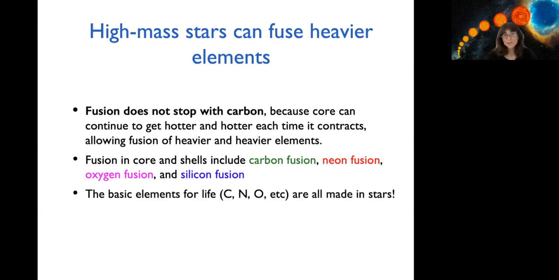One thing to get out of this is that the basic elements for life, which are carbon, nitrogen, oxygen, hydrogen, all of the, not hydrogen, but the heavier ones, carbon, nitrogen, oxygen, they're all made in stars. And maybe you've heard people say things like, we're all stardust, we're all made of stars, and that's what they mean.